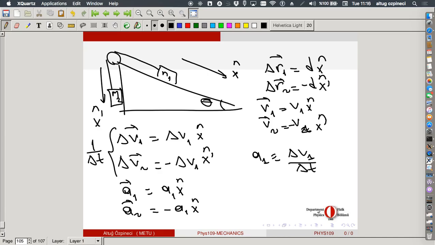So here I have delta v1, the change in the velocity of the first mass. Here the change in the component of the velocity of the second mass should also be equal to this with a minus sign. If I multiply both by 1 over delta t, here I get delta v1 over delta t, which I call a1. Here, for the change in the velocity of the second mass divided by the time it takes, I have minus delta v1 over delta t. Again, delta v1 over delta t is a1. This minus sign is this minus 1.